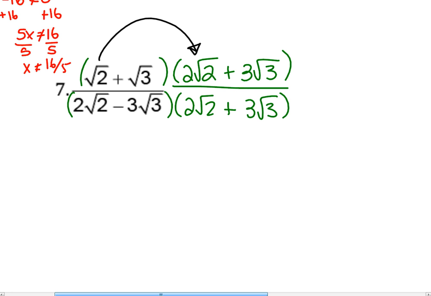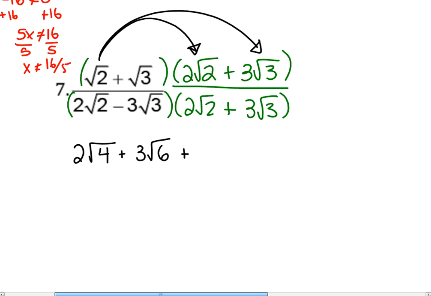So the numerator we have to FOIL because they are not difference of squares. So we just got to FOIL it. 2 root 2 times 2 root 2. 2 root 4. Or 2 times 2 if you want. You could just say 4. That's great if you can do that in your head. That makes me happy. Now, root 2 times 3 root 3. 3 root 6 plus, now we have to go this guy.